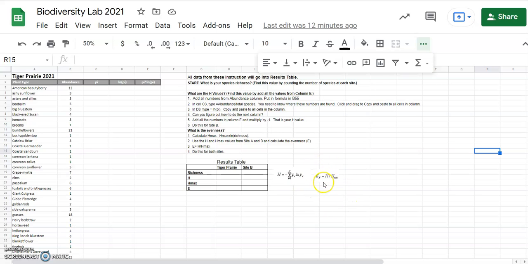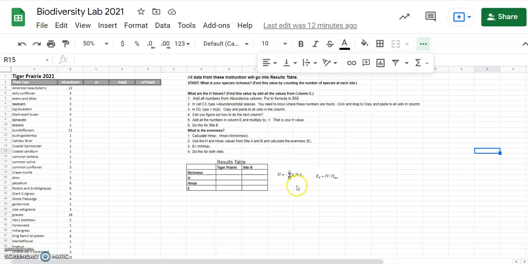Then we have this number called evenness, and the closer to 1 it is, the more even it is. So we want H to be as close to 3.5. Some of them are around 4. You'll see ours is a little higher than that. And we want evenness closest to 1. Those are the two qualities that make good, solid biodiversity.